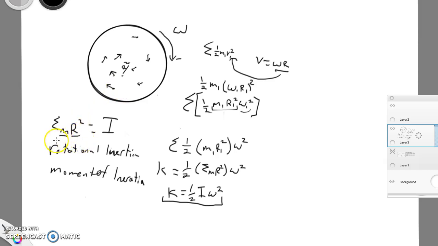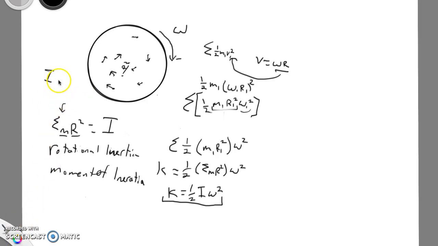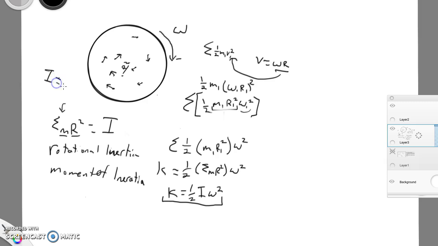Now this can be pretty tricky, but kind of the clue here is this summation. Okay, what that means is that we can actually use integrals. So that I is going to be equal to the integral of r squared dm for any rotating object, okay, or any object that you want to rotate.